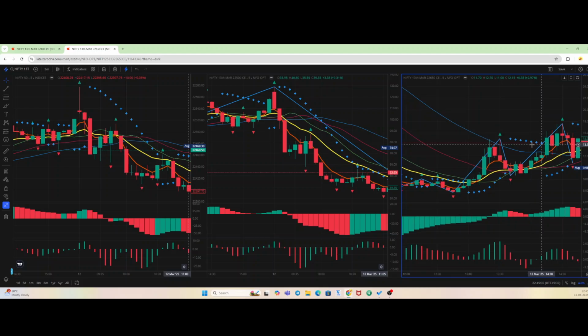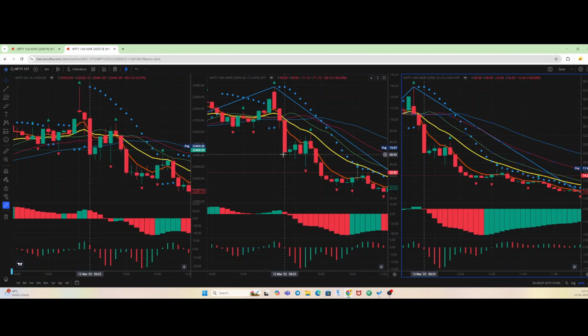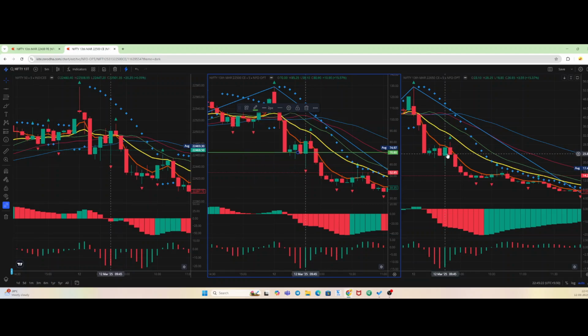So what we did here, we got the same type, we got the 70, we entered the sell entry. We put 22,500, we put the sell entry in this area, 70 we got the sell entry. Same way buy entry we put at 22,650, around 24 we put the buy entry.